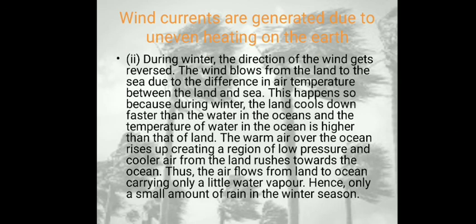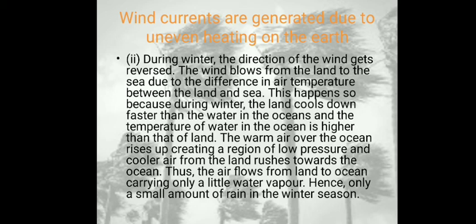Now, what happens during the winter? Just the opposite. During winter, the direction of the wind gets reversed. The wind blows from the land to the sea due to the difference in air temperature between land and sea. Here what happens is that during winter the land cools down faster than the water in the oceans.